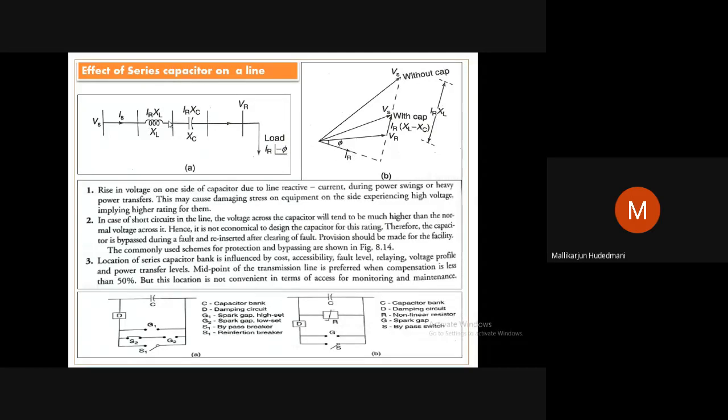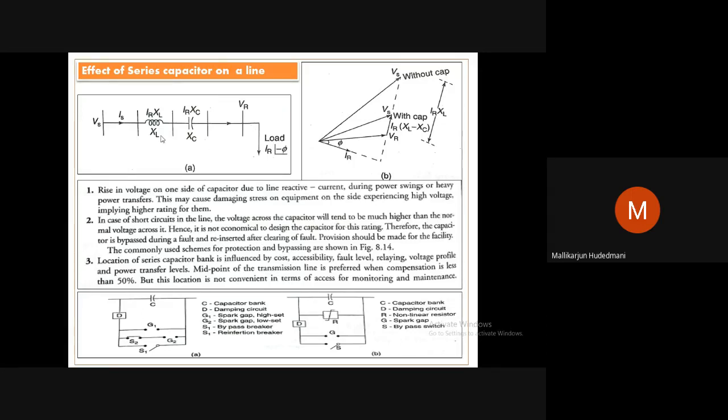Then this transmission section is shown with only an inductor. Let us say the capacitor is not there initially. Only XL is there. Therefore, the resistance of the transmission line is assumed to be 0. Only inductance is considered. Then we have the current flowing at the load, IR.